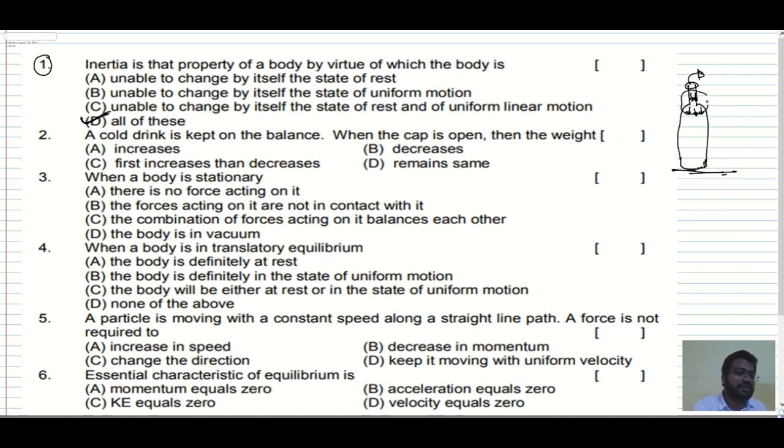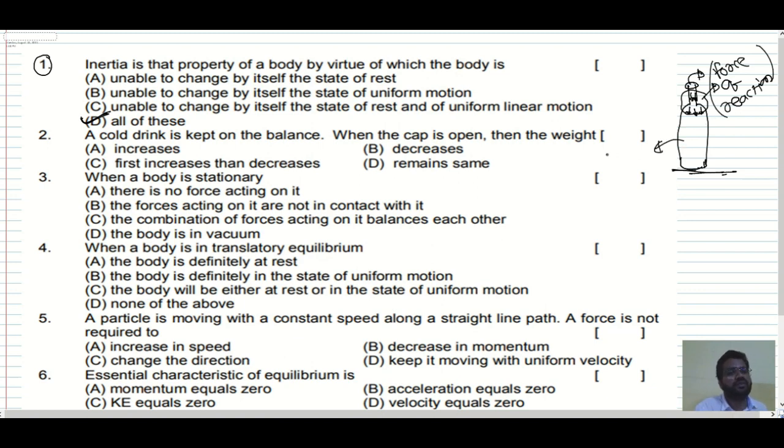So this is the reaction force. Gas is present in between these two, and due to the force of reaction, the weight of the bottle will increase, right?